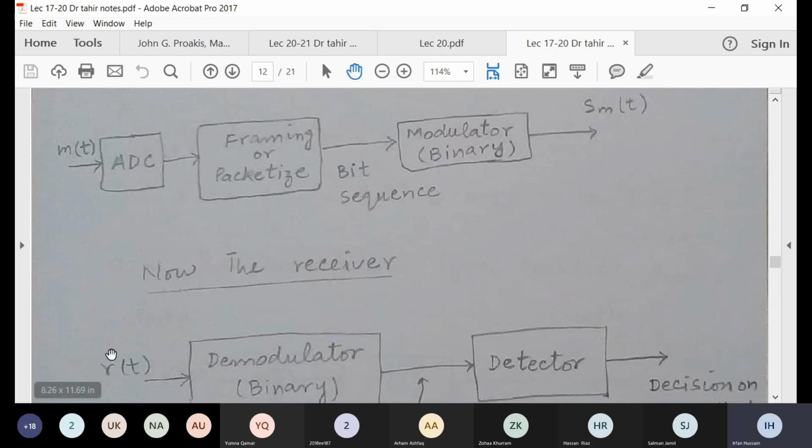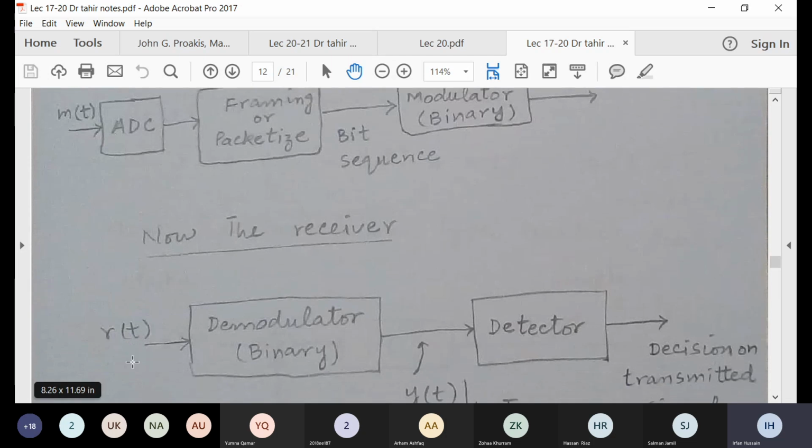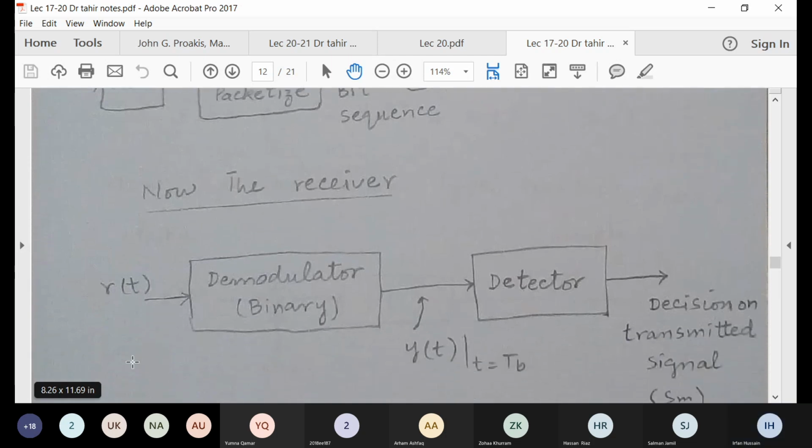And once this analog signal comes here, we'll have the demodulator, which we are studying right now, and then you will get a detector that will detect whether 0 was sent, whether 1 was sent, whether none was sent.